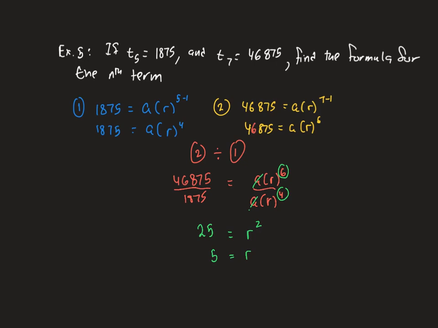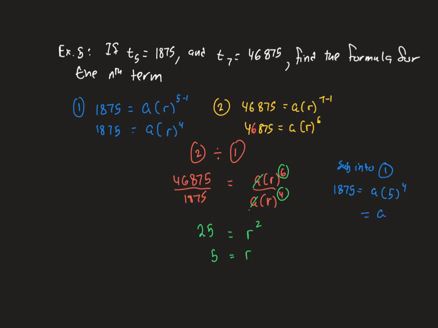So, just like we did before, let's then substitute this pretty much anywhere you want. Could put this into your first equation, put it in your second equation. I'm going to choose to sub it in my first equation. So I'm going to have 1875 is equal to a times 5 to the power of 4. Okay.